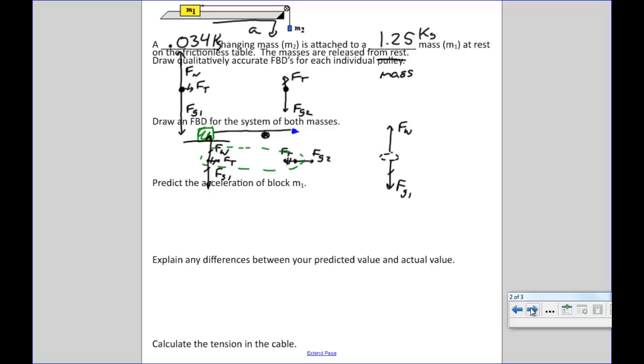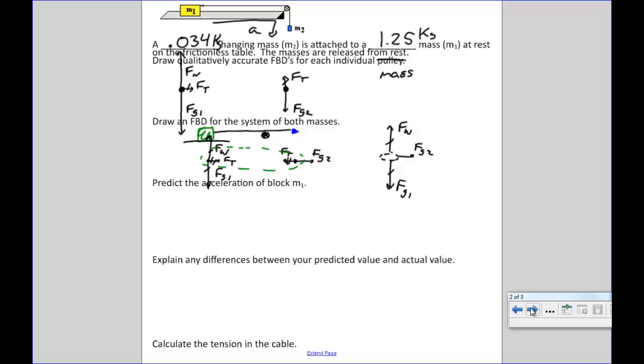Those are equal to each other. And the force of gravity from block 2, Fg2, is the thing causing it to accelerate. So that means our net force for the system of both masses is Fg2.